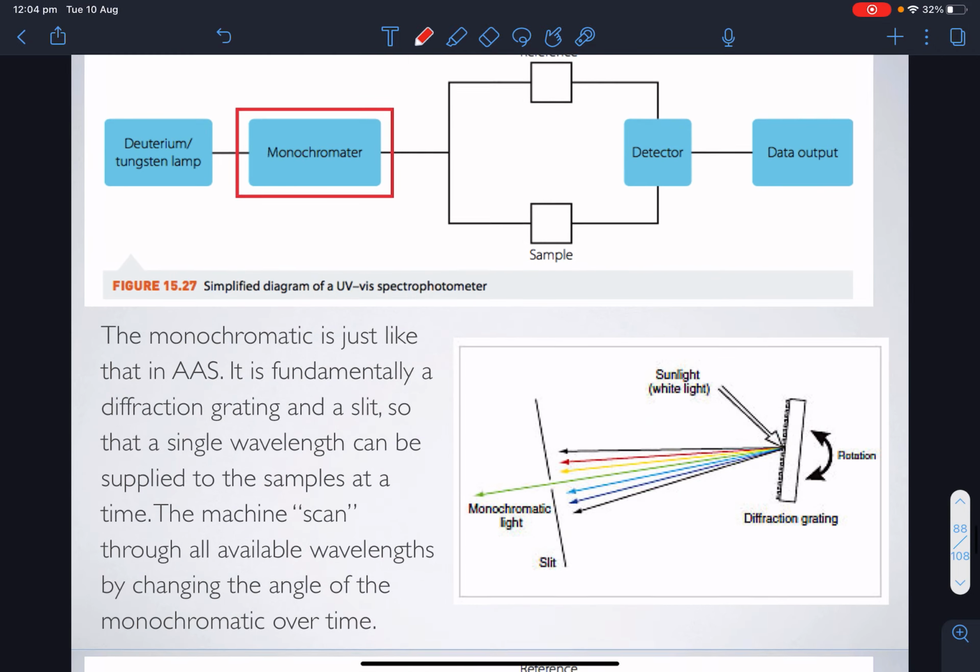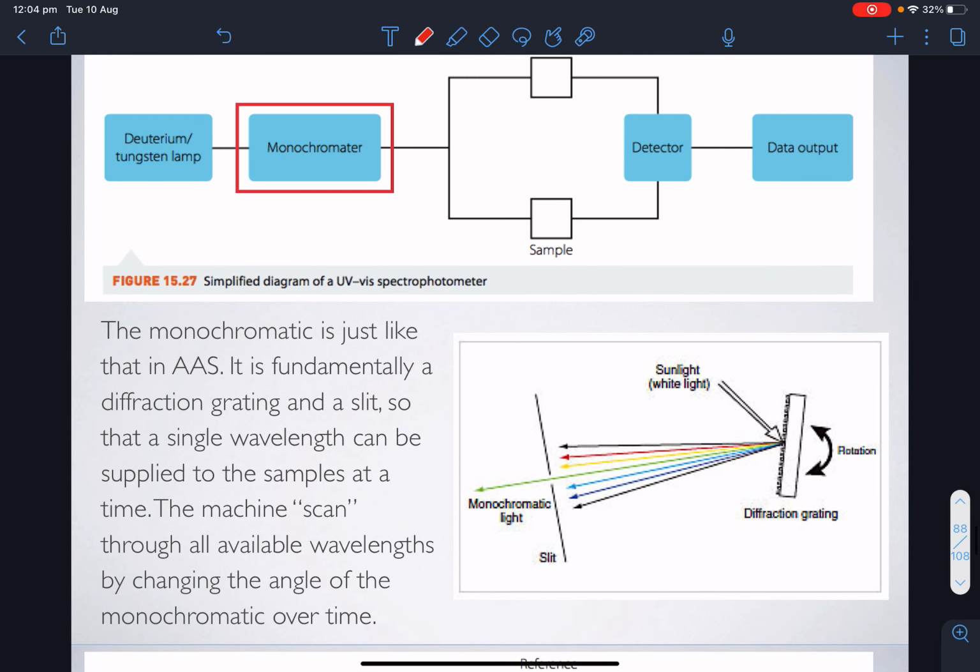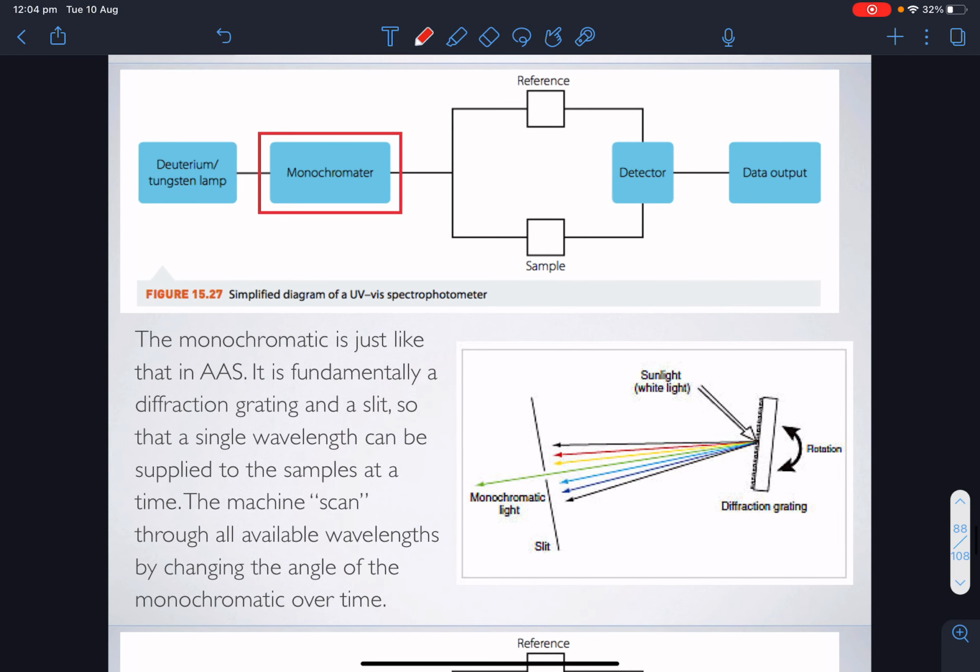Okay, from there it goes to a monochromator, and remember that from AAS, it's like a prism that spreads out the light, but it's like a CD disc. It's microscopically got a ridged surface, very regular, and it splits apart the light into its component wavelengths, okay? So, rotating this grating, if you alter the angle for it and you have a slit down here, what you can do is just focus in on one wavelength.